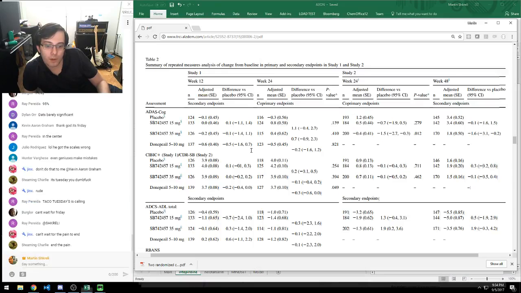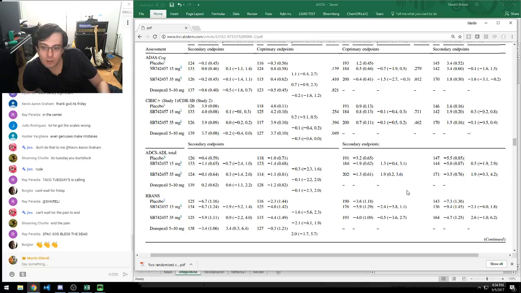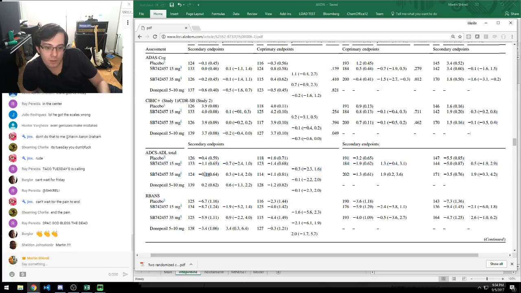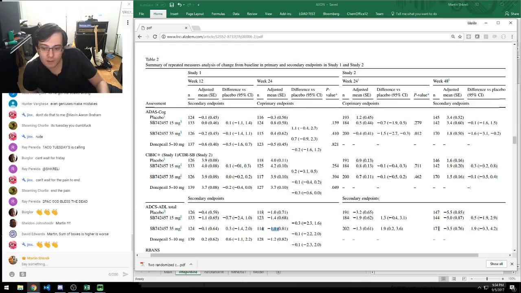Now the co-primary endpoint now is ADCS-ADL. So keep that in mind. And there's no p-values for this, but you can see the drug doing a little bit better, maybe not, than placebo.